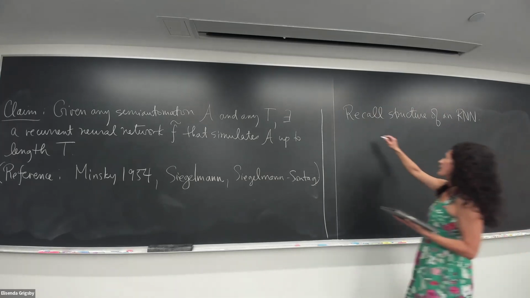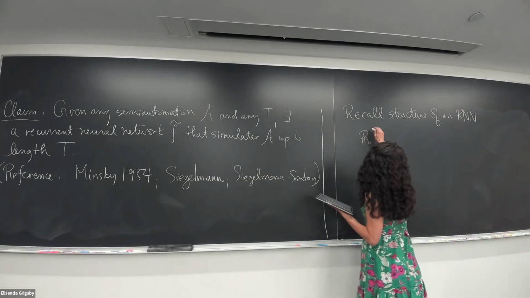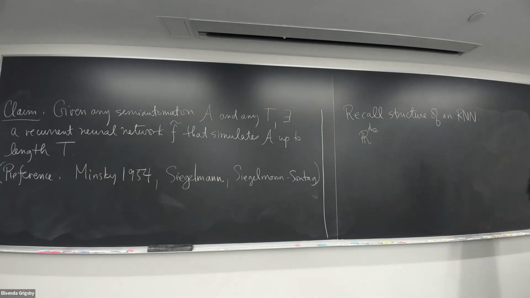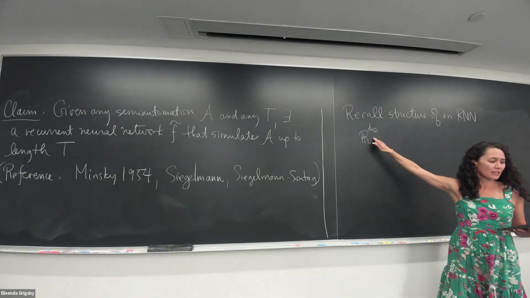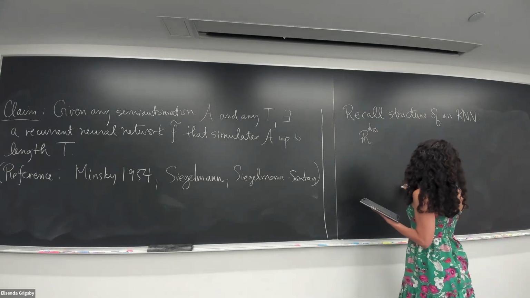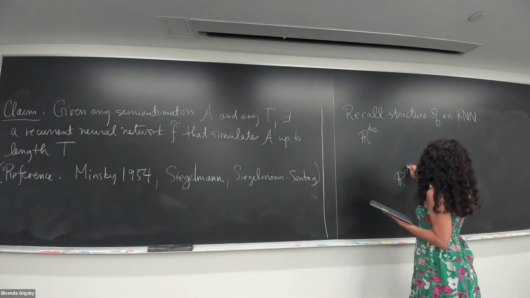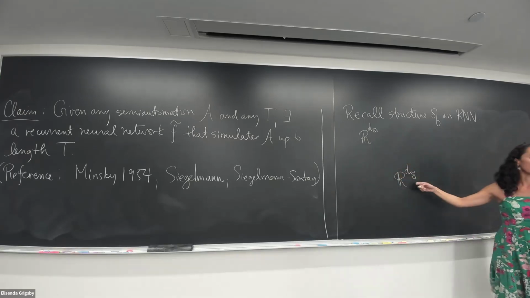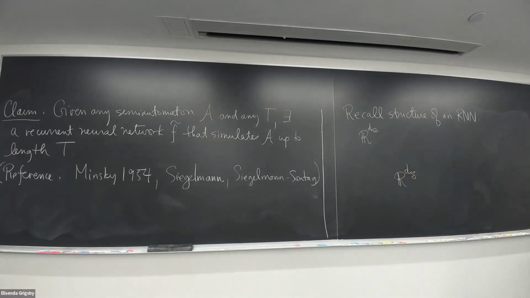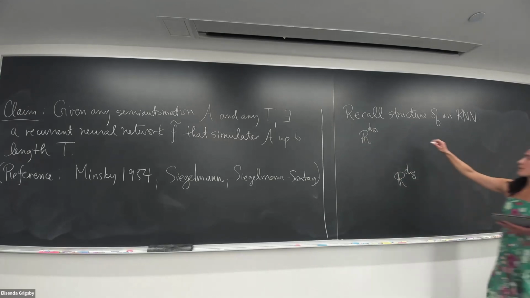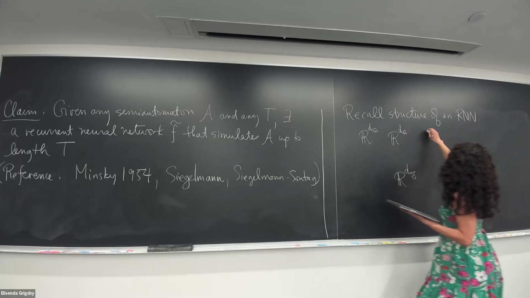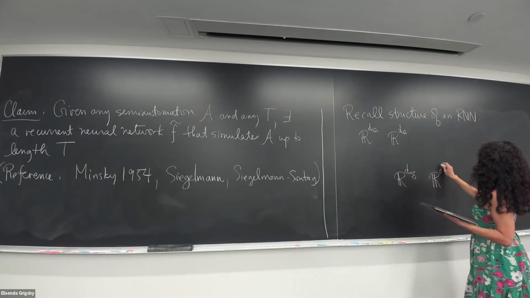So the idea here is that you have two fundamental vector spaces: a representation space for the states and a representation space for the elementary transitions. And the structure of the recurrent neural network, I'm going to just draw everything this way.